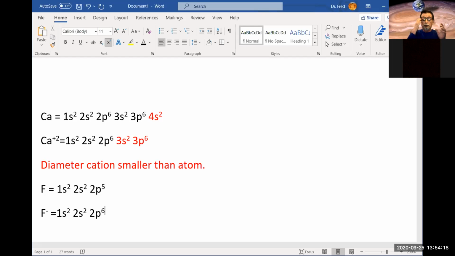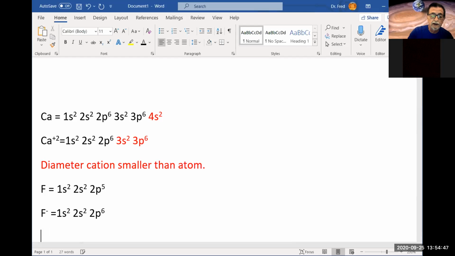And now it picked up 1 electron, okay? And therefore, remember, electrons have a negative charge. So where it had 5 before, now it's got 6. There's more repulsion occurring now at the 2p orbital. And so the diameter of the ion for the anion is bigger, okay?